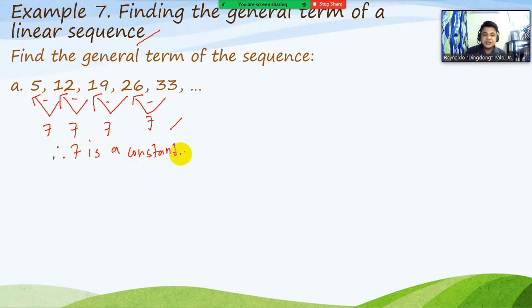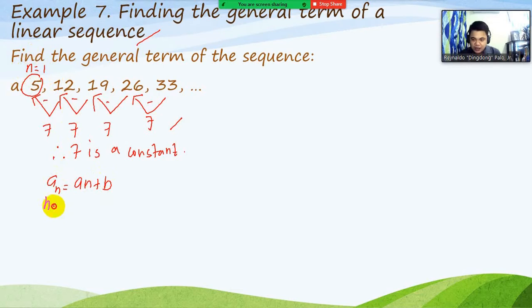Then the next thing that we have to do is to actually create equations 1 and 2 to solve for the values of a and b. So using the general equation of linear sequence, a sub n equals a n plus b. Let's create the first equation using the first term. When we say first term, this is the n is 1.